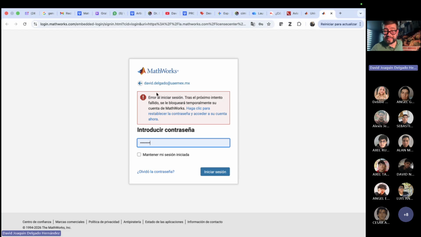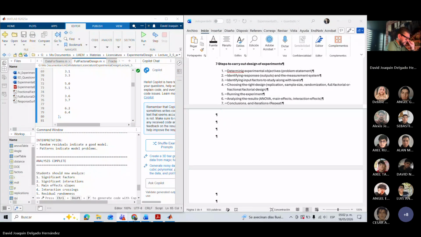Because again, if I try this so many times, the problem is that this is going to block my account. So let me stop sharing this computer. I am going to use this other one here.